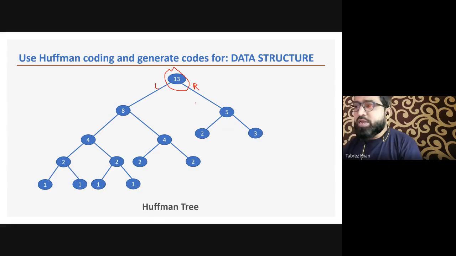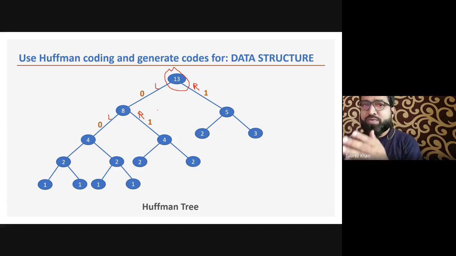The left edge has a value of 0 and the right edge has a value of 1, and this way you need to give a value to all the edges. Then I come down to this 8, and I give a value to the left edge of 8. This is my left edge of 8, and this is my right edge of 8. So the left edge will have 0, the right edge will have 1.